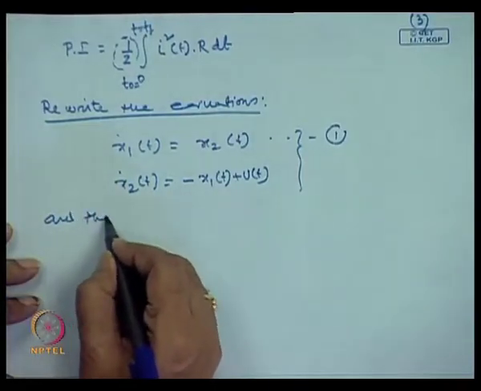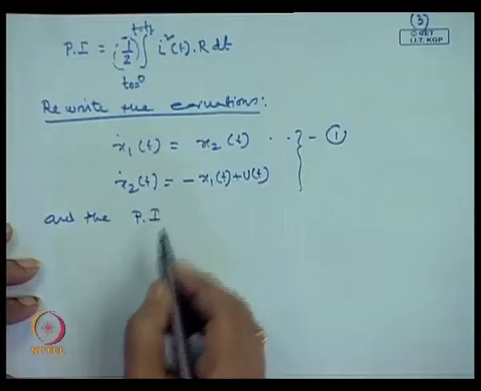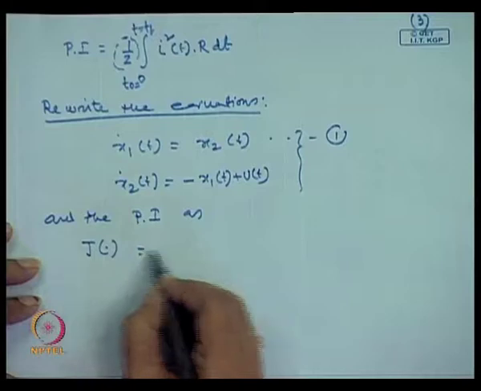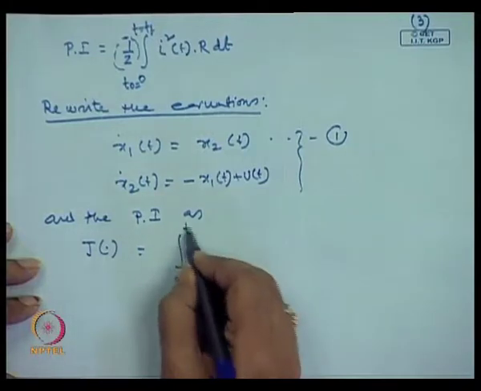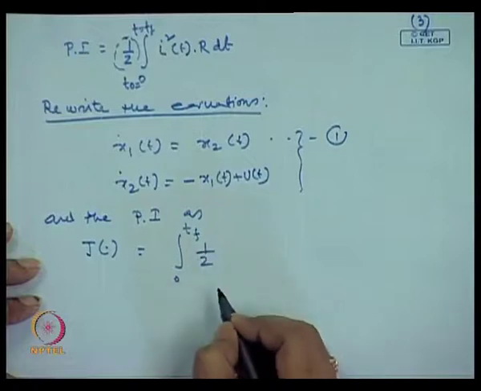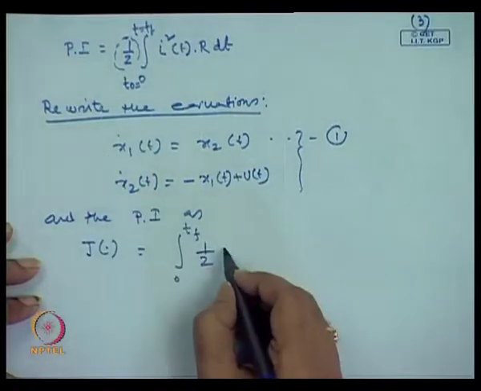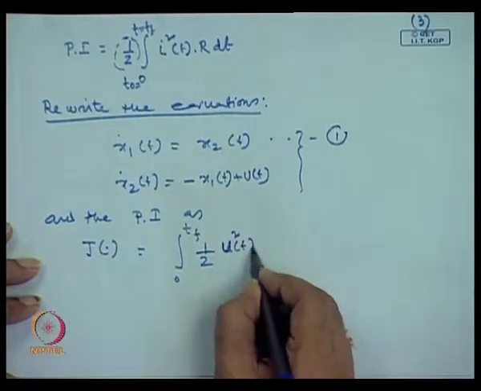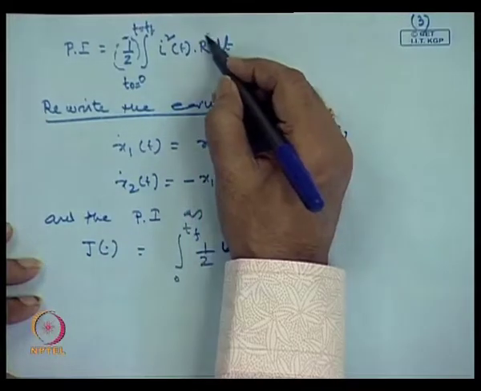Now I am rewriting equation number 1, and the performance index, that will be J is equal to the integral from T0 to Tf of half u square of t dt, where r is 1.